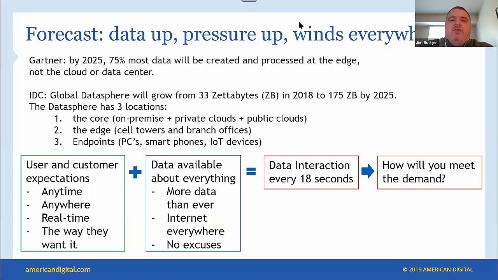I think what you want to get out of this is that data volume is going up a lot. And at the bottom, you can see, working in parallel, user and customer expectations are that data is available anywhere and everywhere the way that they want it. Data is becoming more available than ever, and we have the ability to make data available wherever it needs to be.